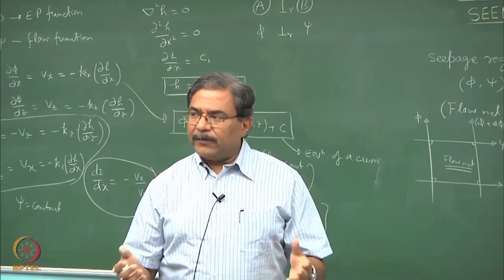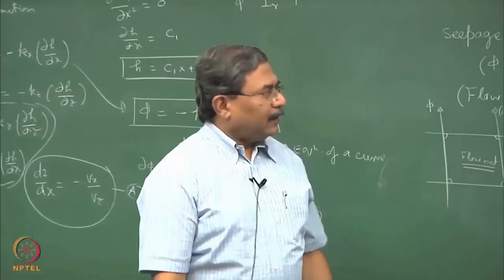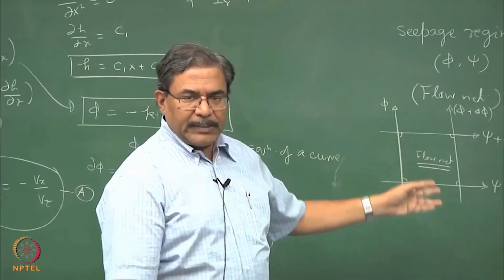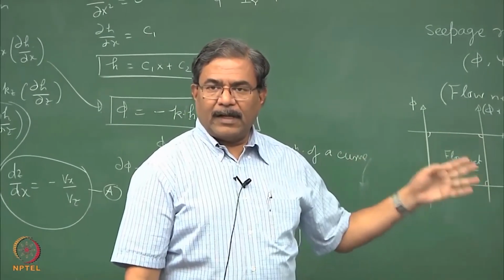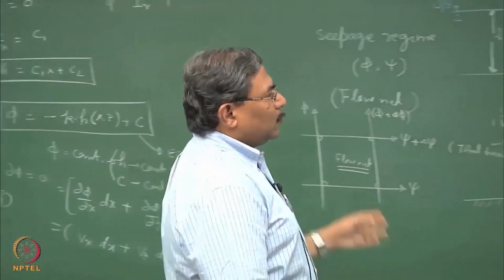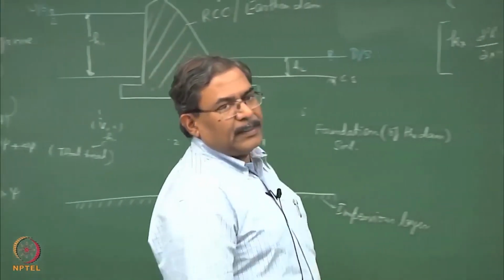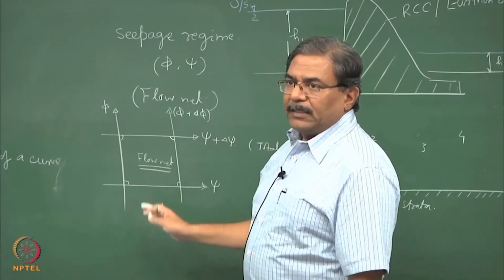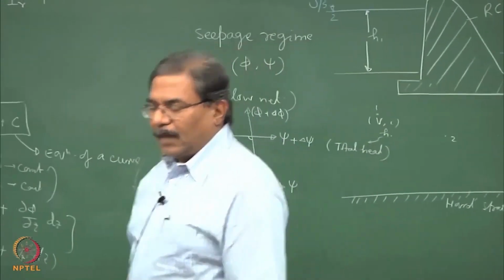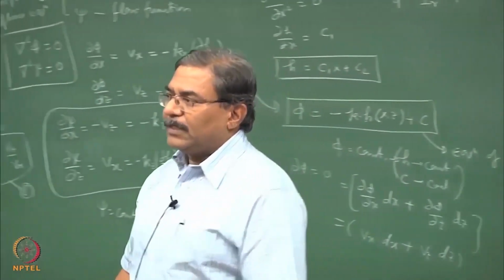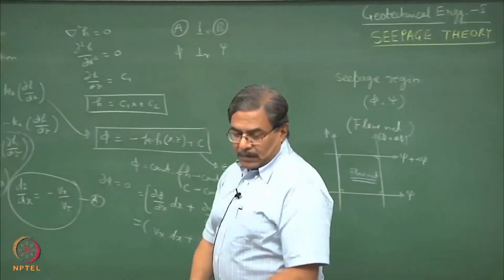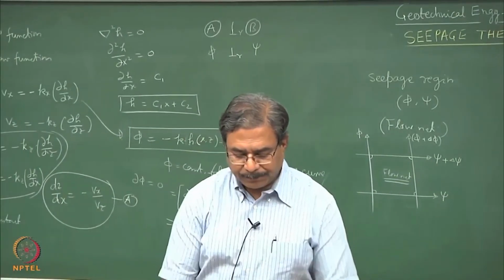We have used the continuity equation for flow, and then we have derived the functions for equipotential lines and the flow lines, and we have shown that these two functions are always perpendicular to each other, and this type of arrangement of phi and psi function is known as flow nets. Now, I will discuss how to utilize flow nets for solving different problems. So, let us play with these flow nets a bit more.